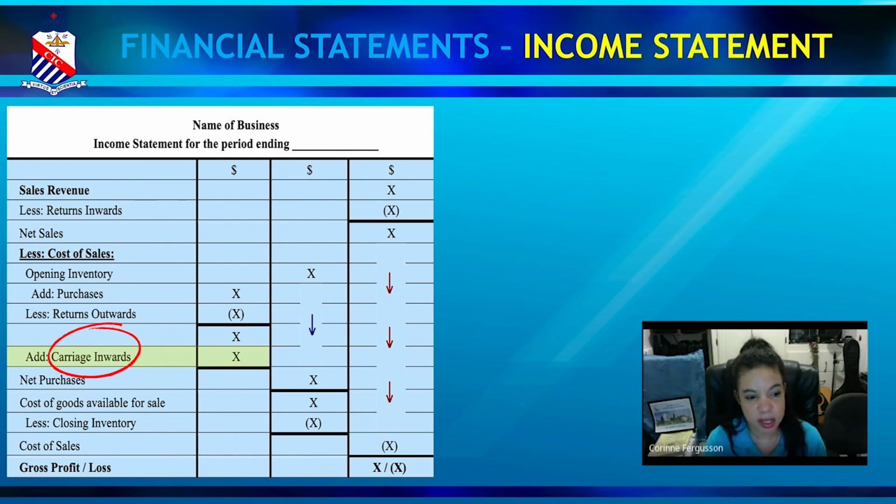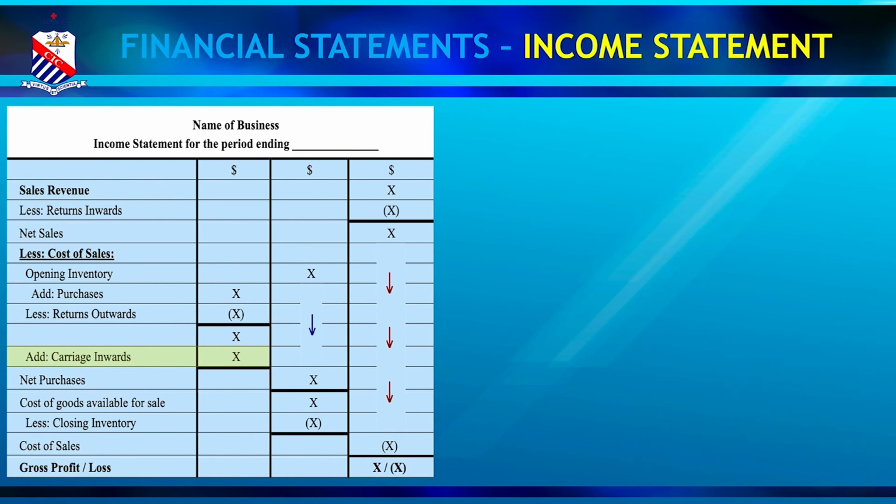So this is the only one up here that you might get an accrual or a prepayment. If you see anything with carriage inwards, like an accrual or prepayment, you do the same thing you do for everything else. Add accrual, or you less prepayment. Simple, okay? So here you would do that.